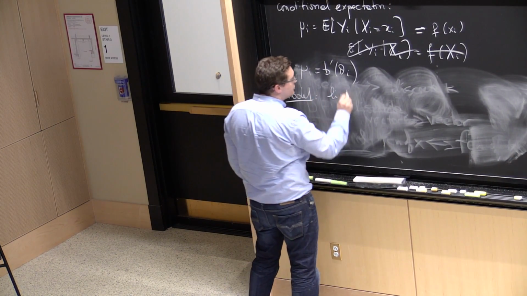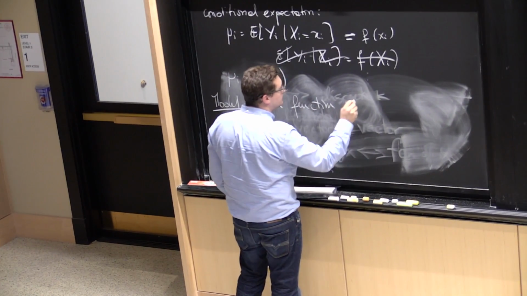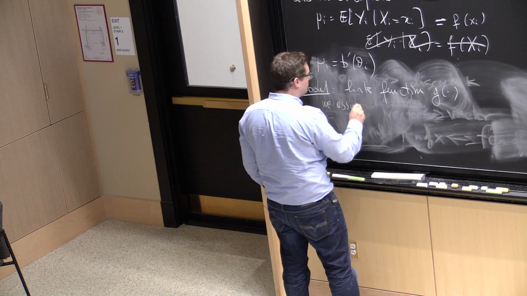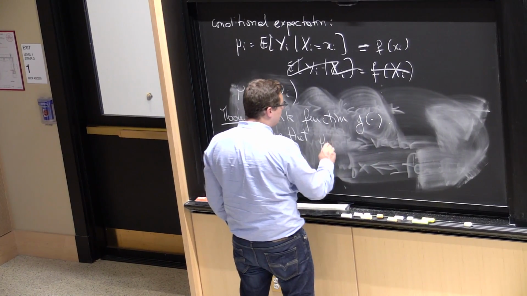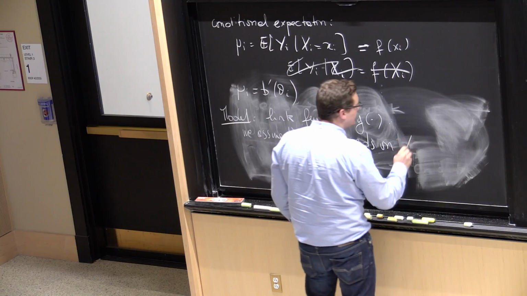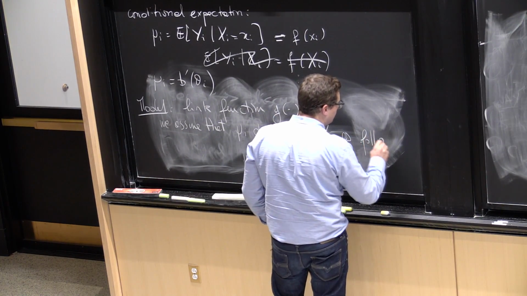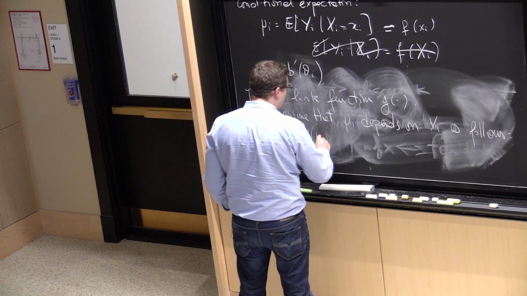So we have a link function g, and we assume that mu_i depends on x_i as follows: g of mu_i.